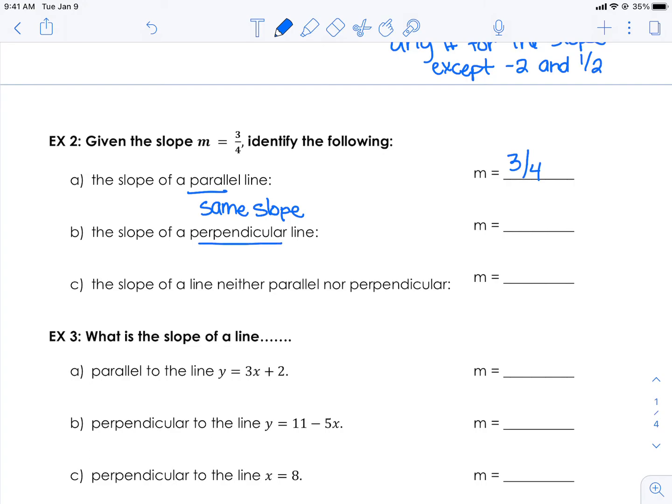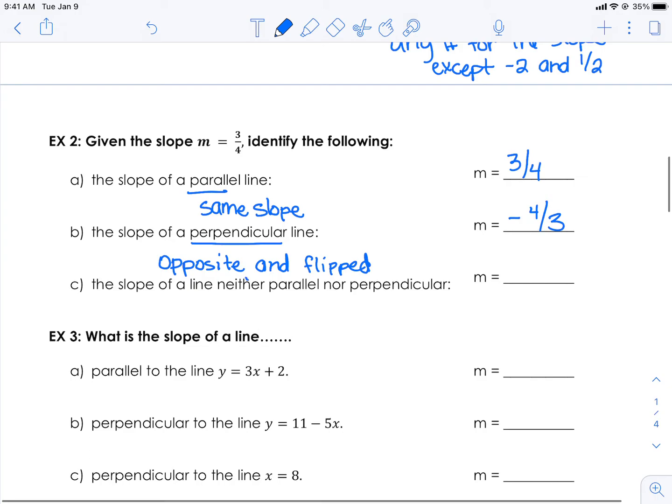Okay, remember perpendicular means opposite and flipped. Okay, the opposite sign makes it negative. We flip it, it becomes -4/3. Okay, now we want something that is neither. Take a guess.